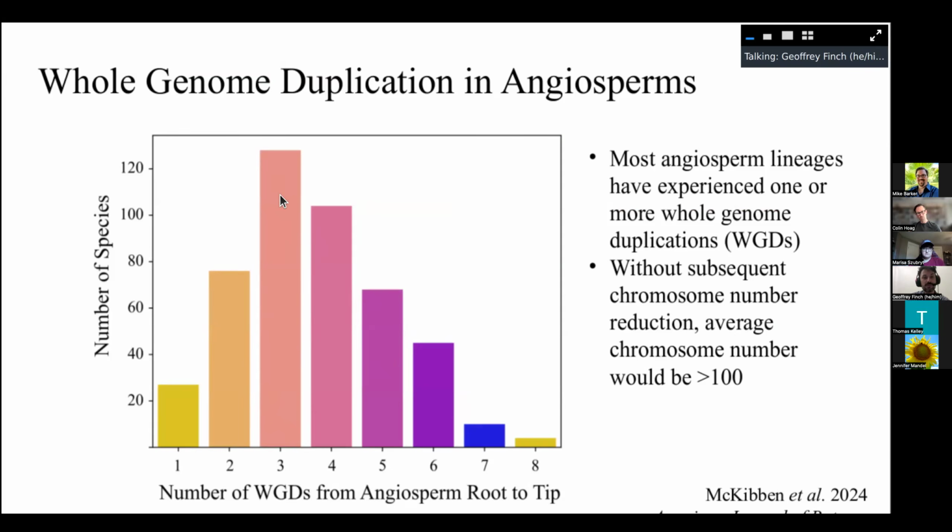The typical angiosperm has experienced somewhere around 3 or 4 whole genome duplications in its evolutionary history. If each one of these is doubling chromosome number, you would expect to see an abundance of species with chromosome numbers in the hundreds, but we don't see that. So something is driving chromosome numbers back down following these whole genome duplications.